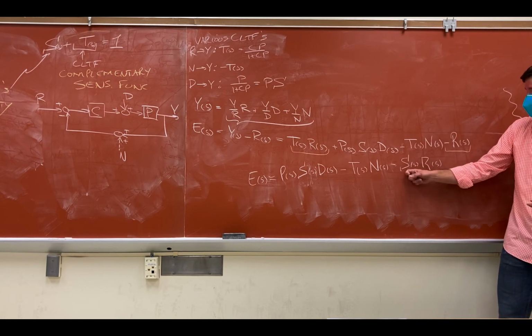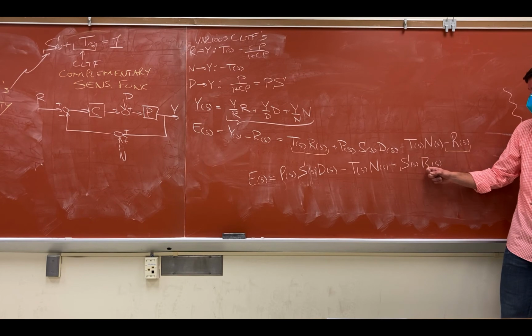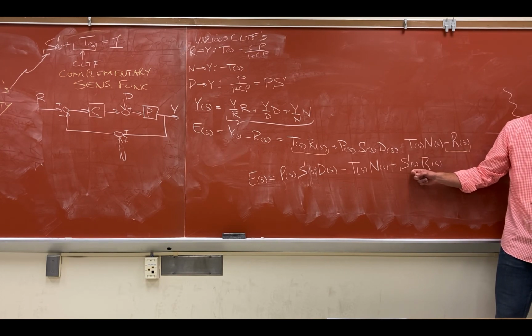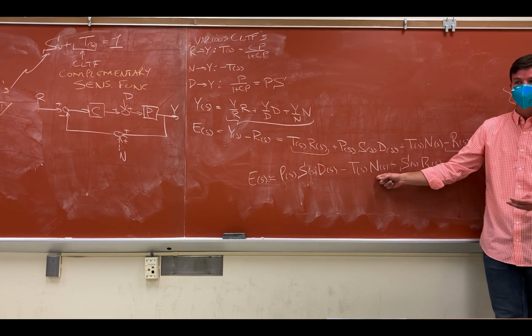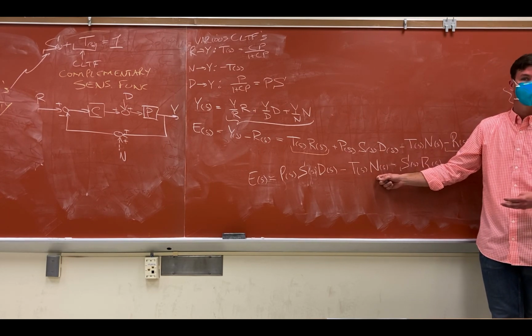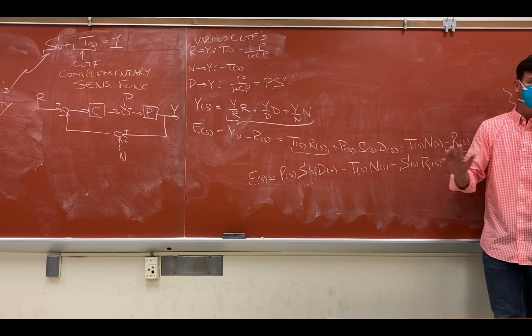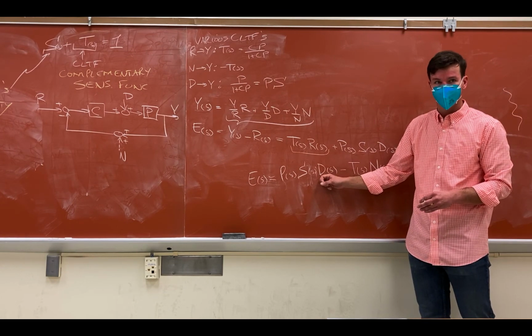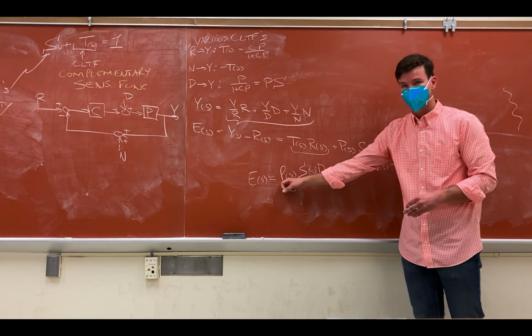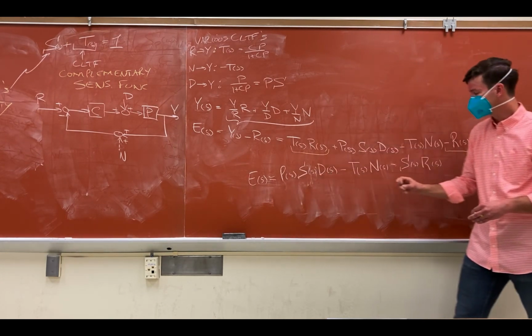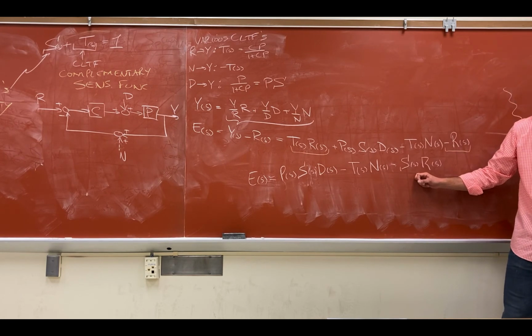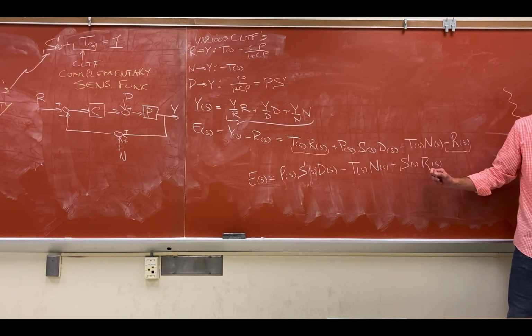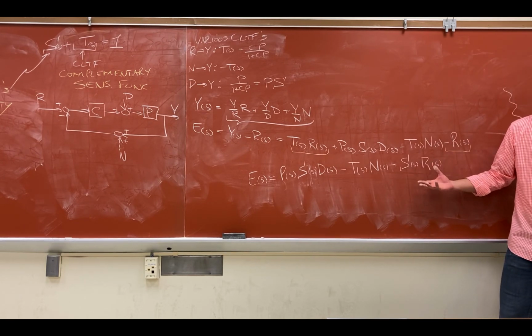Or I could make S small, which means my error due to a reference change will be small. But if I have noise, the effect of the noise will be big, in kind of broad strokes. The disturbance kind of lives in a middle land, where it's a function of both the sensitivity and the plant. So that's why I'm kind of ignoring it, because the most obvious conclusion is the battle between these two terms. I can't make it good for both.